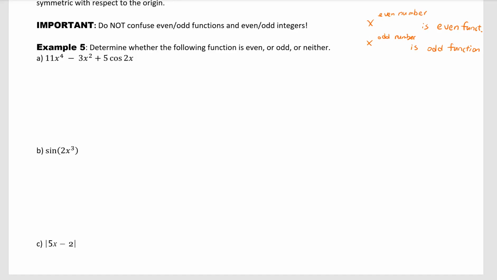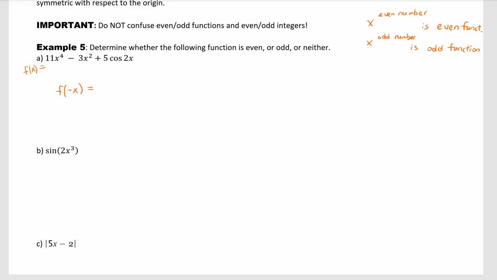Determine whether the following function is even, odd, or neither. Let's call this f of x. We want to check whether it's an even or odd function, so we compute f of minus x.